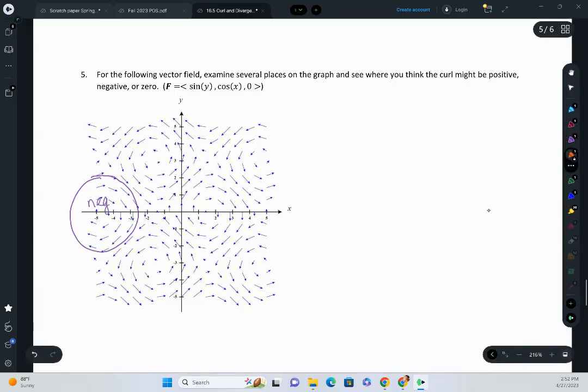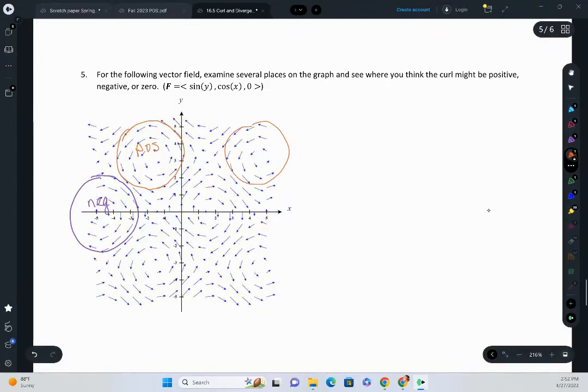On the flip side, over here, just slightly up and to the right, I see that the rotation is counterclockwise, which would mean that we have positive curl. So I'm going to look for negative rotation and positive rotation and put circles in those spots and see what's going on. So let's find some more positive rotation.